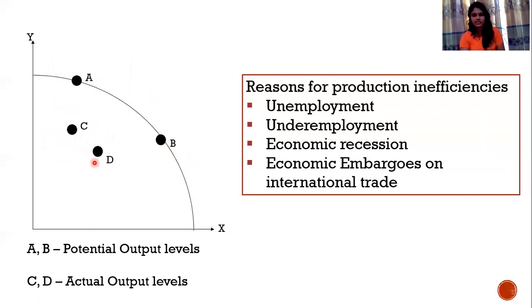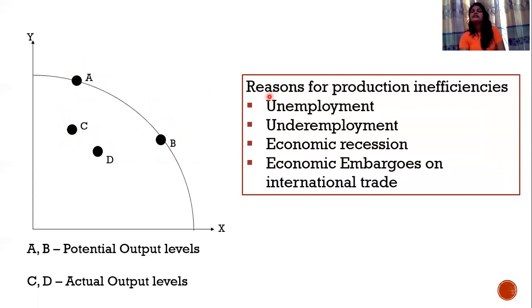For example, all the citizens in the country cannot have jobs. That is, resources are underemployed. Therefore this potential output generally an economy doesn't achieve.